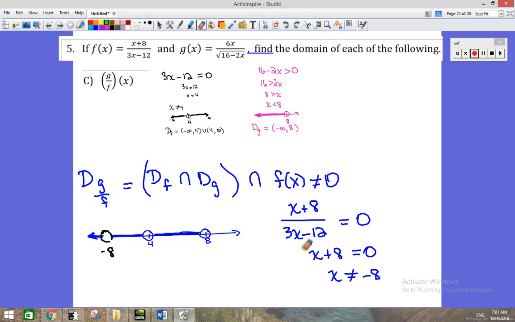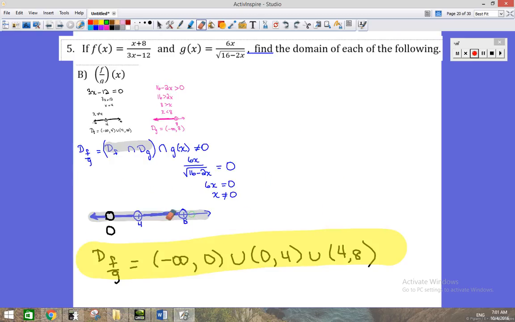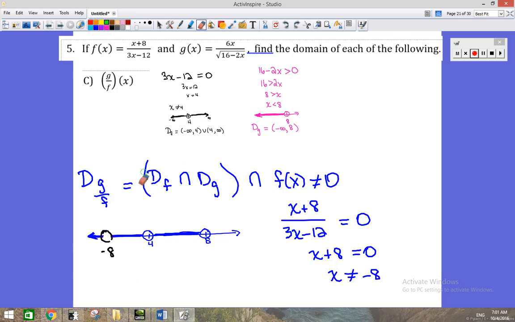See, this time 0 is okay. The 0 that we excluded last time causes g to be 0. Well, now that g's in the numerator, hey, that's fine. That's not a problem. We can't allow the denominator to be 0.